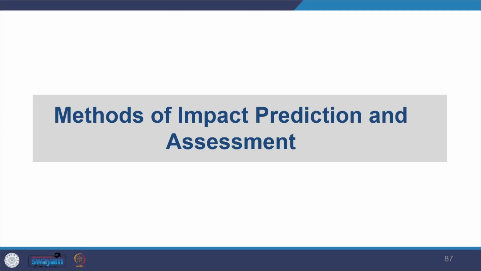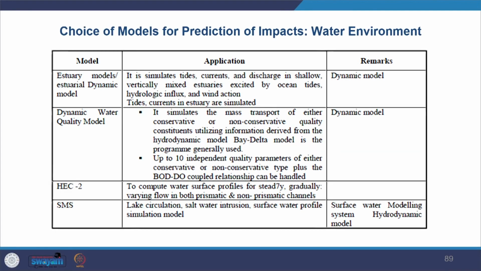assessment. So looking at the methods of impact prediction and assessment, you see that the choice of methods for prediction of impact for the water environment has been provided by the manual. You can look at the estuary models, and then the dynamic water quality model, HEC model, SMS models, which are there. If you see how they are applied, they simulate tides, currents, discharge in shallow, vertically mixed estuaries. So these models are available.